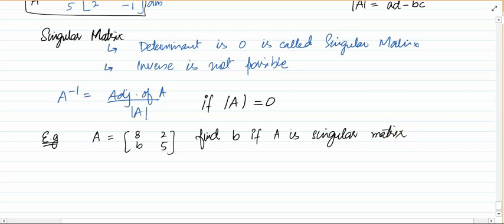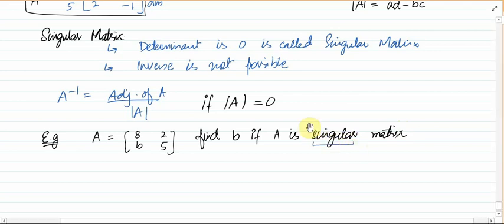That's how the examiner asks a question in papers. It never asks you to write the definition, but it checks whether the concept is clear or not. So now it says singular matrix.